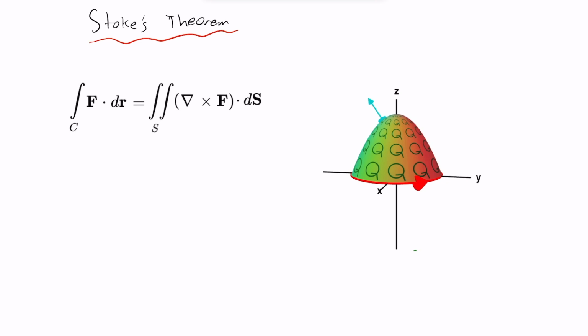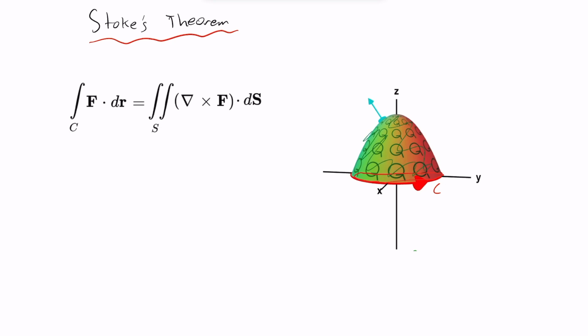All right, so now let's look at an important application of gradient and curl, which is known as Stokes' theorem. We can see here that if we have any surface and it has a boundary here that we call C, which is this little circle here, then if we take the line integral of our function around that boundary, that must be the same thing as taking the surface integral of the curl across this whole surface.